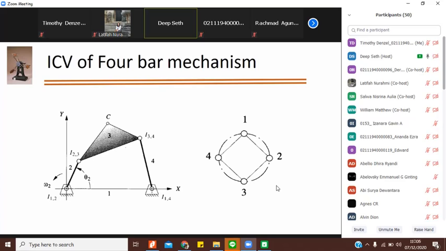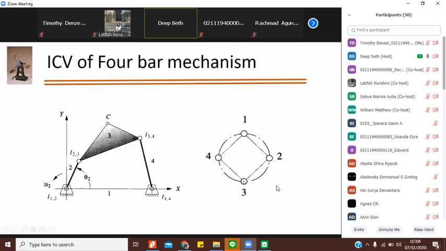Okay. Now let's see how you can determine the instantaneous center of velocity for a 4-bar mechanism, ICV of 4-bar mechanism. Whether it is a 4-bar mechanism, a 5-bar mechanism, 6-bar mechanism, or 7-bar mechanism, whenever you get this kind of question in which you will have multiple linkages, what you have to do is just draw a circle.